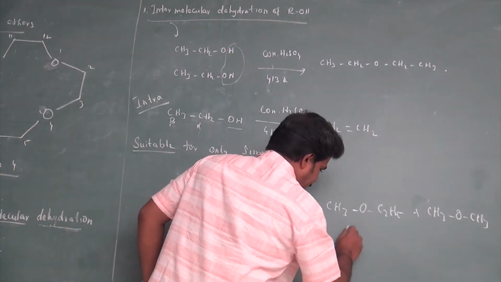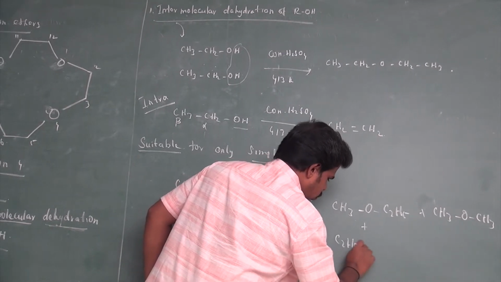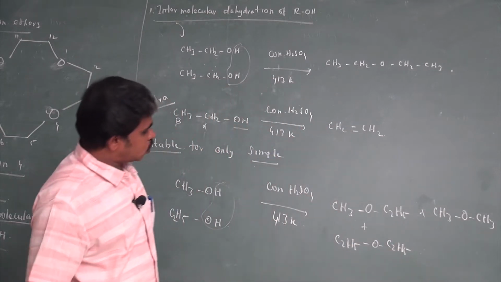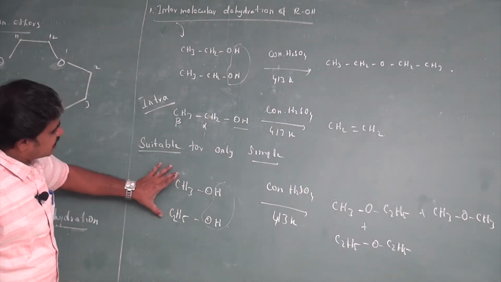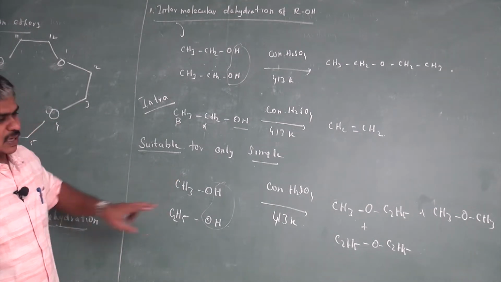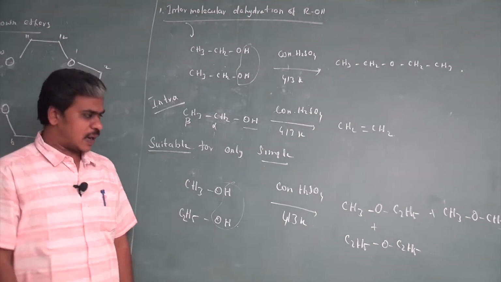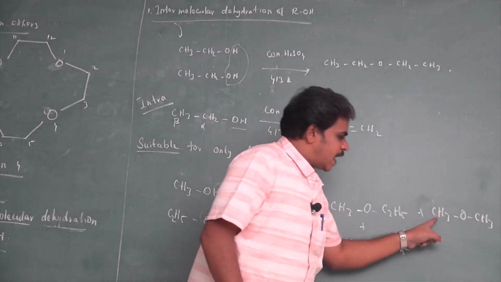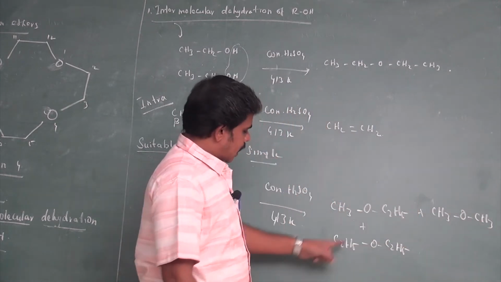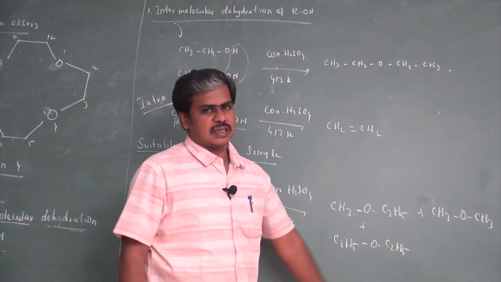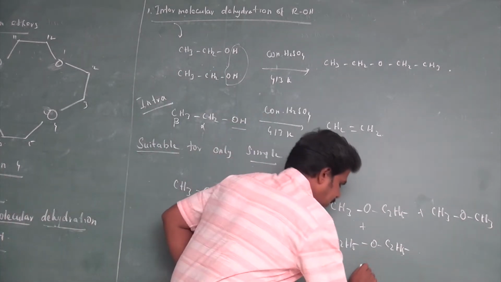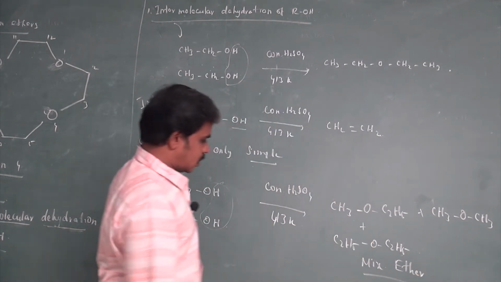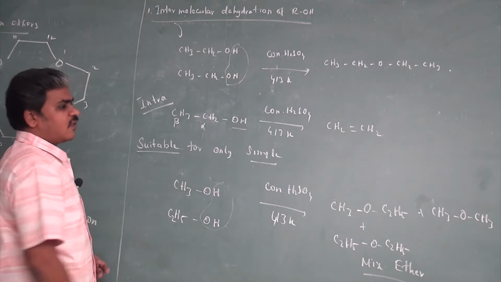So one more product, here C2H5OC2H5. So if you are taking mixtures of alcohol, that is unsymmetrical, we are getting 3 products: ethyl methyl ether or methoxyethane, dimethyl ether or methoxymethane, and diethyl ether or ethoxyethane. So we are getting a mixture of ethers if you are taking 2 types of alcohol.